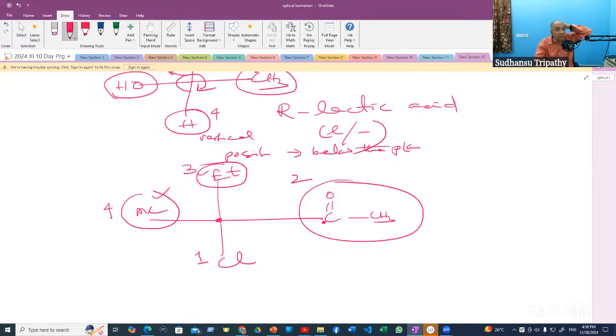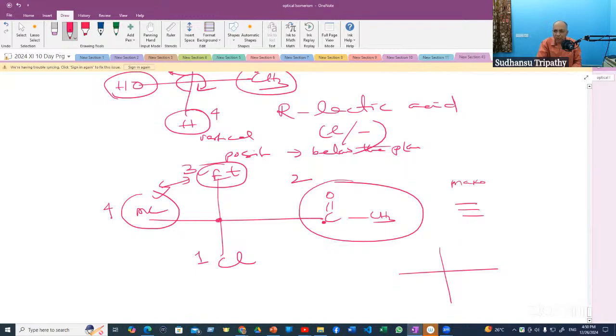I told you that making 2 switches, any 2 switches between any 2 groups, you make 2 times successively, you are not going to change the configuration. So supposing one switch you make between these 2, so that methyl has come here. Then you can make the next switch between these 2, or between these 2, whatever you like. So this is the same as making 2 switches.